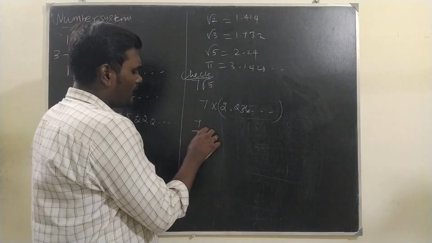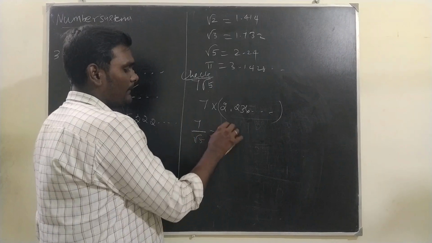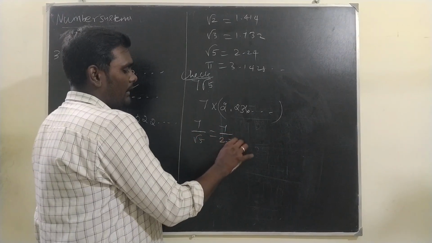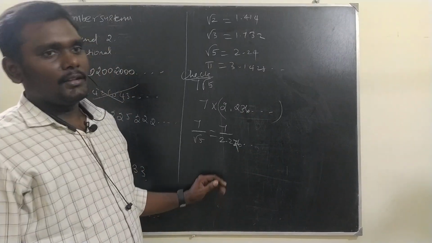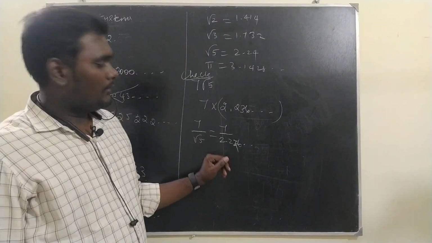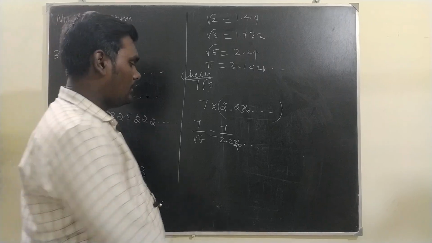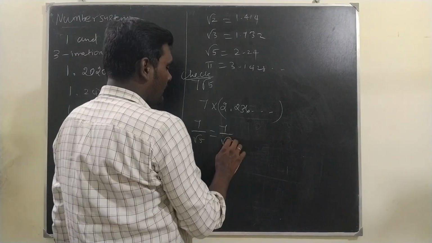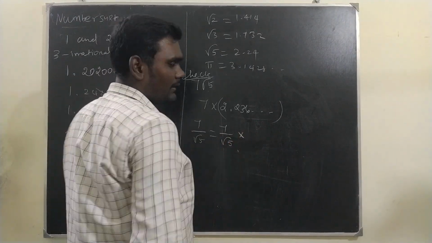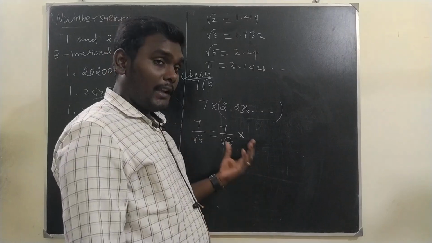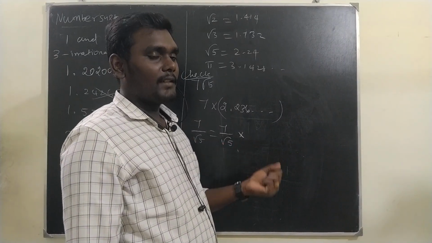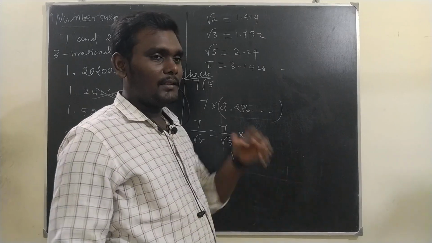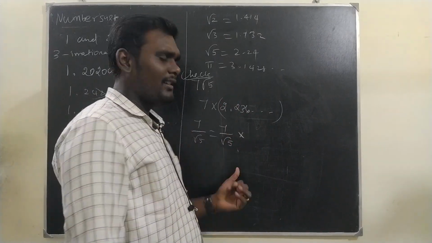But what will you do for 7 by root 5? 7 by 2.236 and so on. Here, we have to rationalize the denominator. How will you rationalize the denominator? Whatever irrational number is in the denominator, if it is a sum, we have to change the sign. If it is a single number, multiply by the same number.